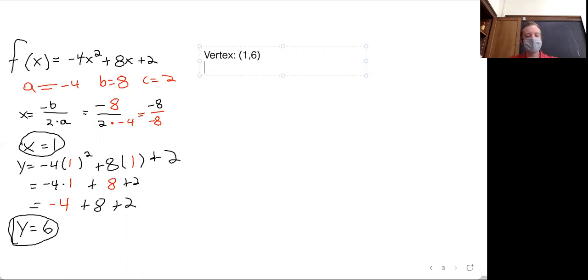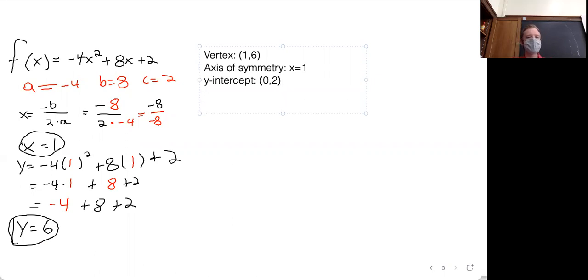That also means we have an axis of symmetry of x equals +1. If we find our y-intercept, remember, it's 0, c. So in this case, our y-intercept is going to be 0, +2, since that's our c value.